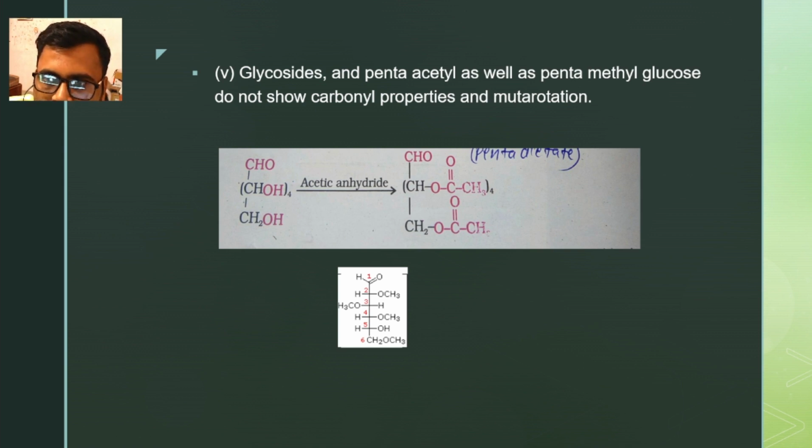But these properties are not obeyed by glycosides, pentaacetyl or pentamethyl glucose. Also, these molecules do not show the mutarotation. So this property we cannot explain with the help of the open chain structure, and therefore we can conclude that there are some defects in the open chain structure of glucose.